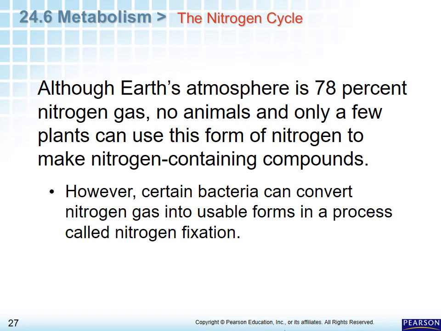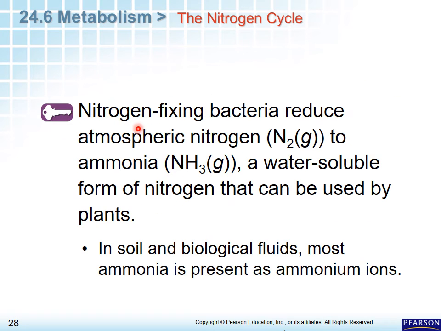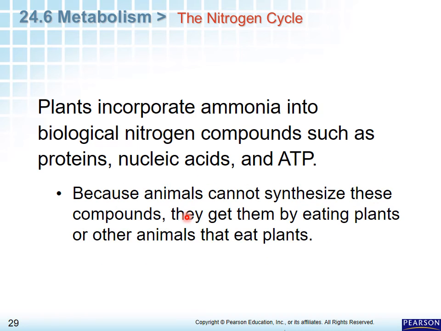Okay, bacteria can do it for the nitrogen. So nitrogen fixing bacteria reduce the atmospheric nitrogen N2 gas to ammonia NH3, a water-soluble form of nitrogen that can be used by plants. In soil and biological fluid, most ammonia is present as ammonium ion. Okay, so this is the process of how nitrogen gas is fixed to ammonia.